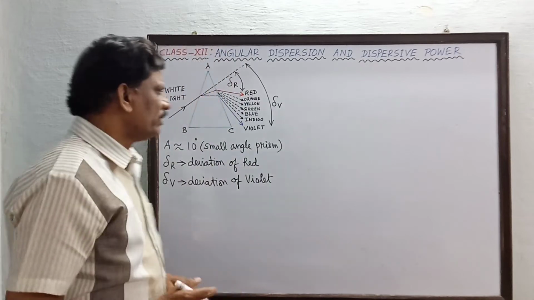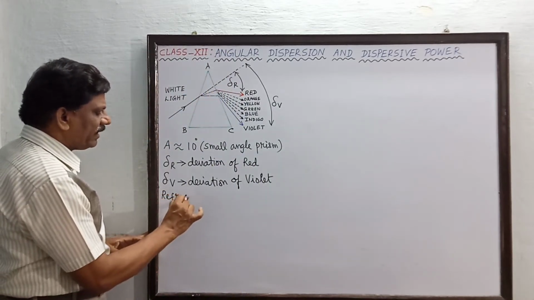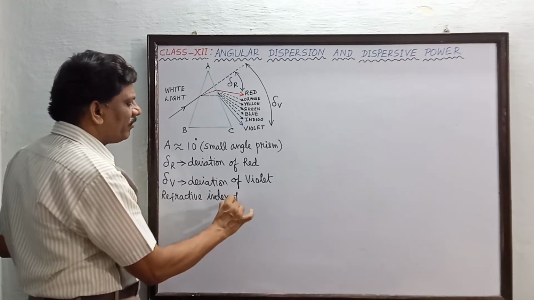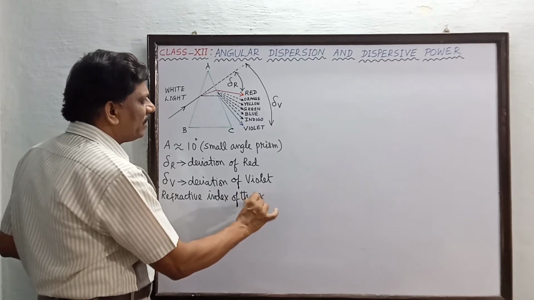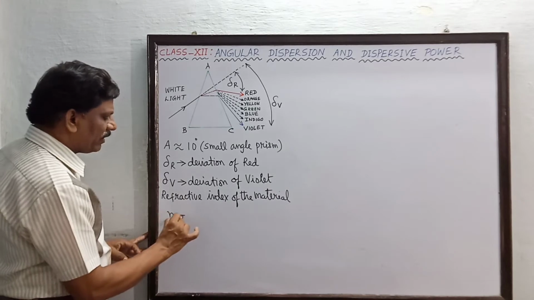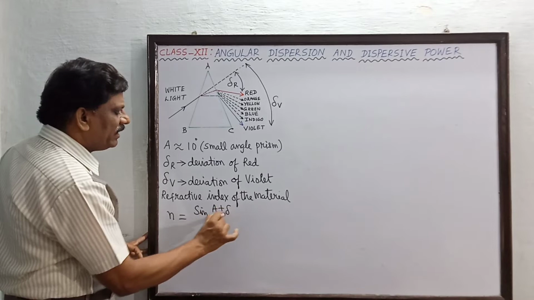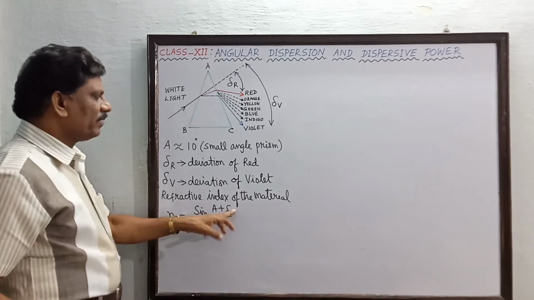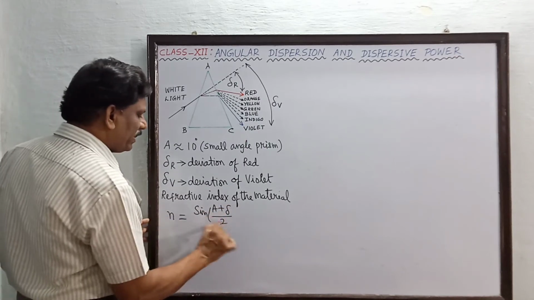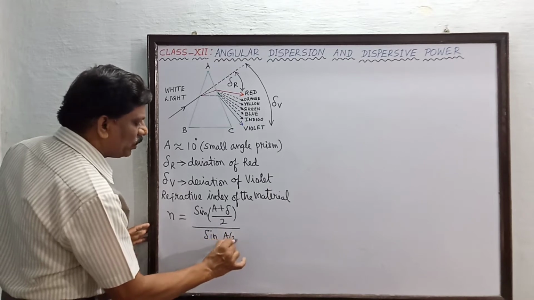Now, in general, the refractive index of the material of the prism is given by the expression n equal to sine of (A plus D) divided by 2, where I am going to take the deviation for the colors as the symbol small delta, divided by sine of A by 2.